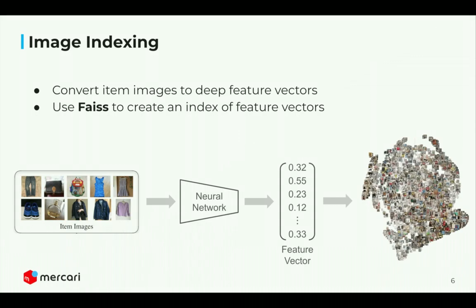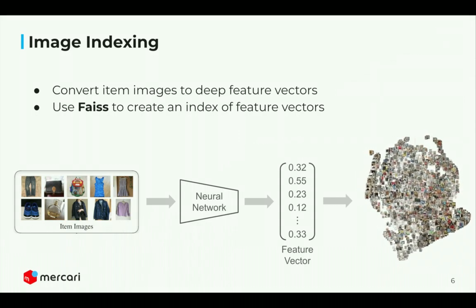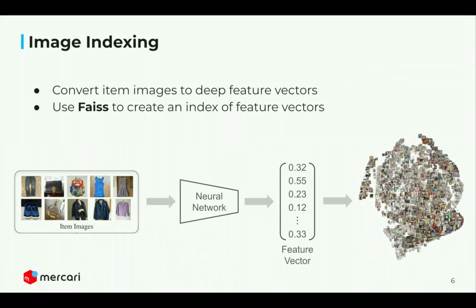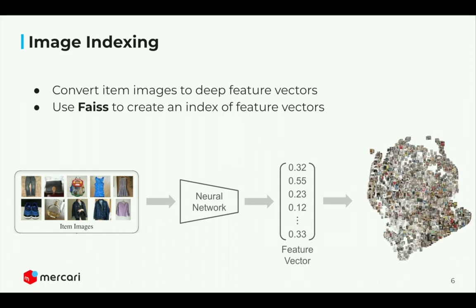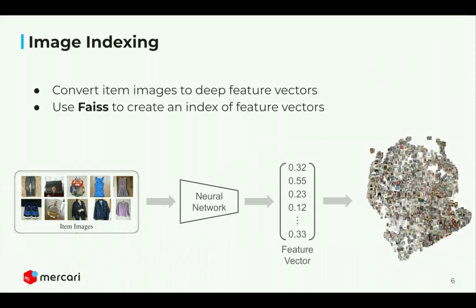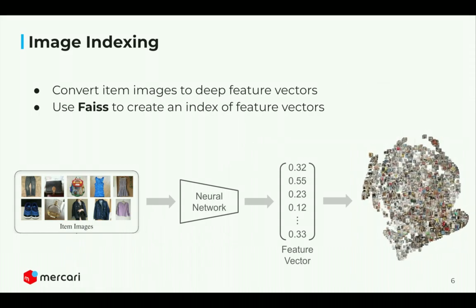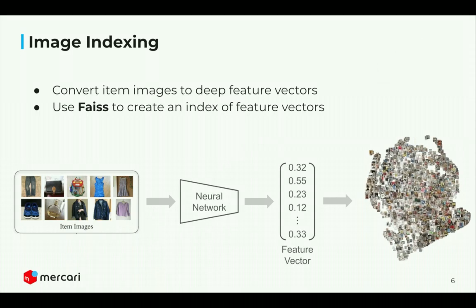These vectors have the nice property that similar images will generate vectors that are close together. Now, similar image search reduces to the problem of finding the nearest neighbors of the feature vector of a search image from among the feature vectors of images of items listed in Mercari.